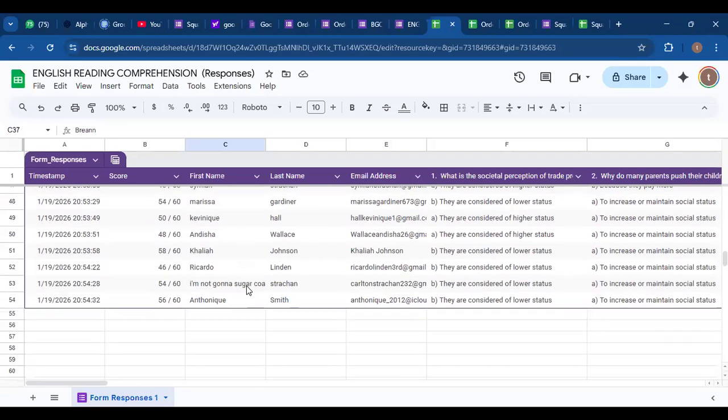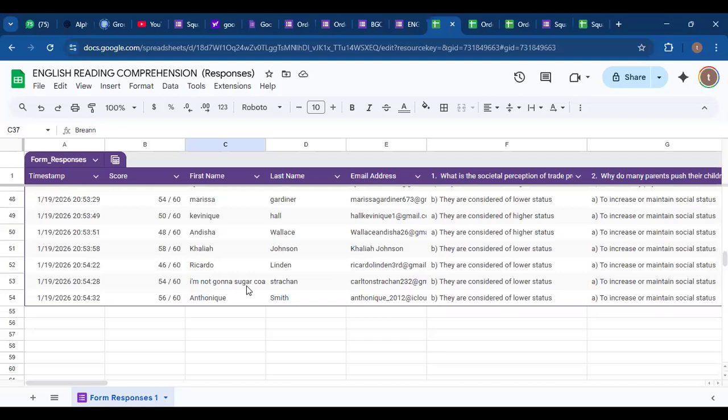Very good. Carlton Strawn, please use your exact name. Very good, Antonique. Very good, Carlton Strawn.